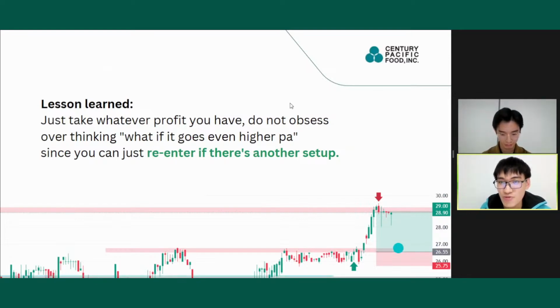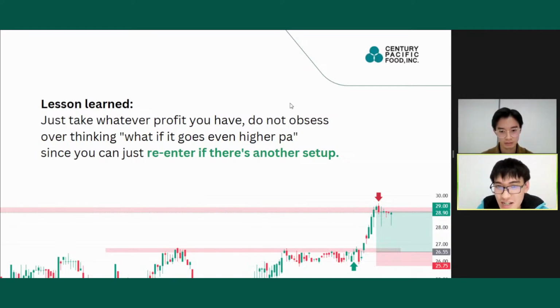So it's really up to you. If your plan is to just sell at resistance, sell at your target, then sell it, right? But if you're the type to ride the trend, where you just want to keep riding the trend, then you'll just raise your trailing stop, that's up to you.